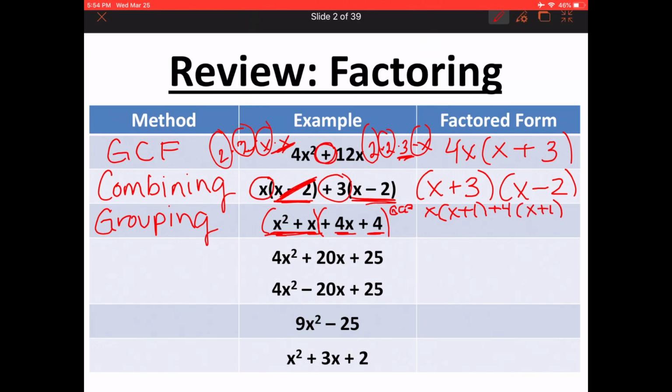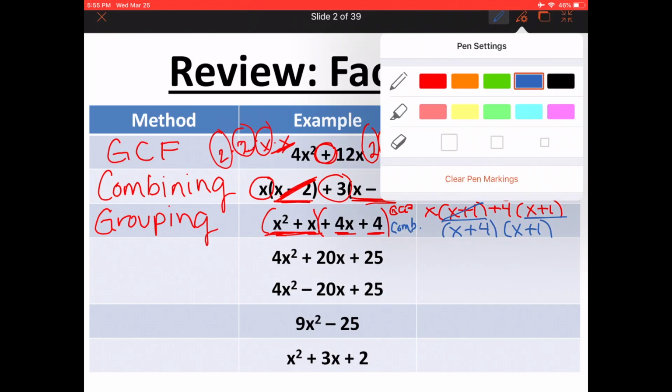And now, if we notice, I have a grouping, I have a combining. So grouping is really a combination of GCF and then combining. So I have my 2 factors that are the same. I'm going to cross out the first one, and so my final factored form is x plus 4, x plus 1. So there is our grouping example.